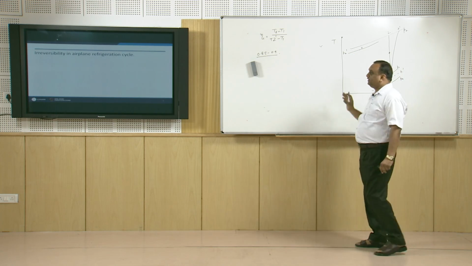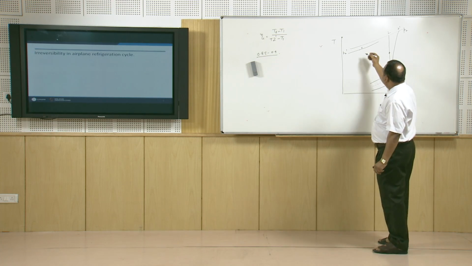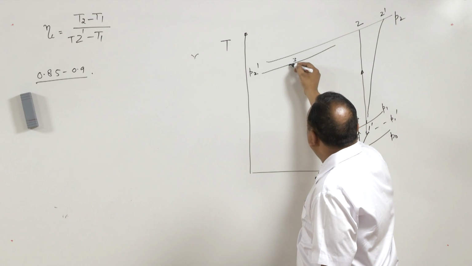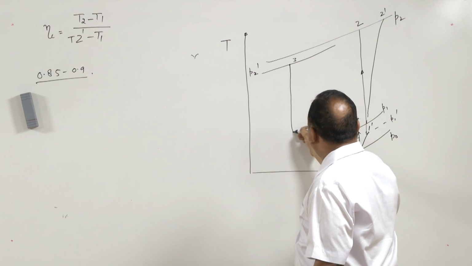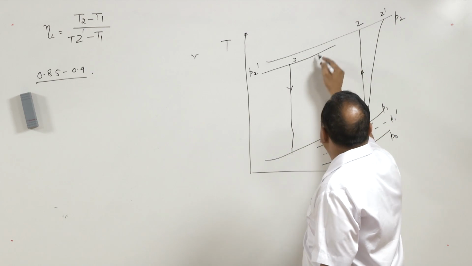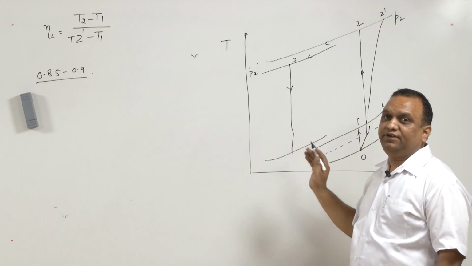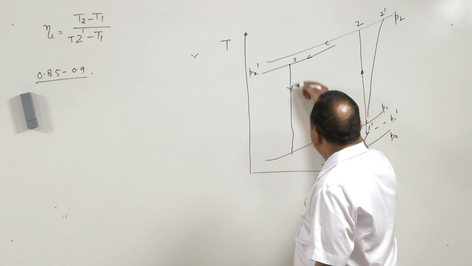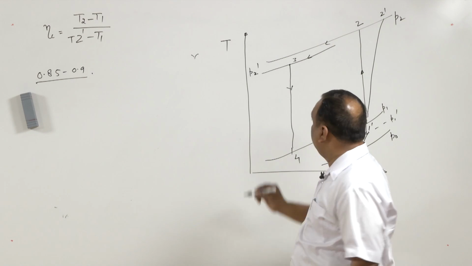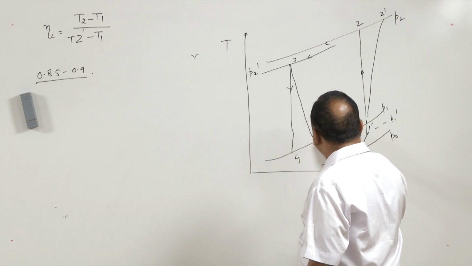After attaining the state 3, the expansion takes place. I am taking the simple cycle. The expansion takes place inside a turbine. So, this is an ideal process, but in actual practice it is no longer a vertical line, it is no longer a constant entropy process.